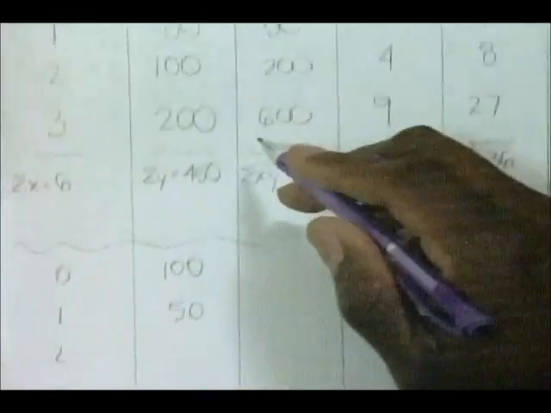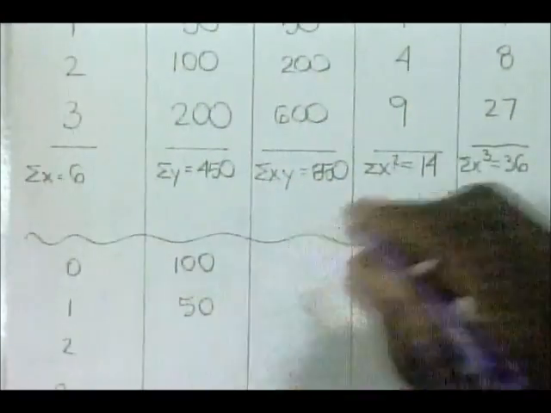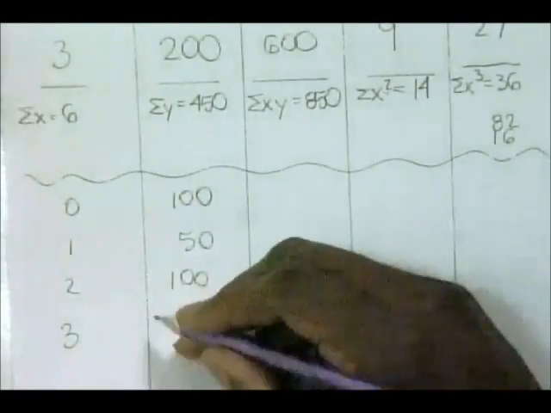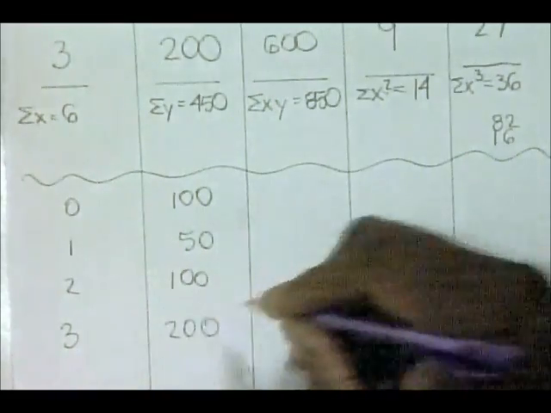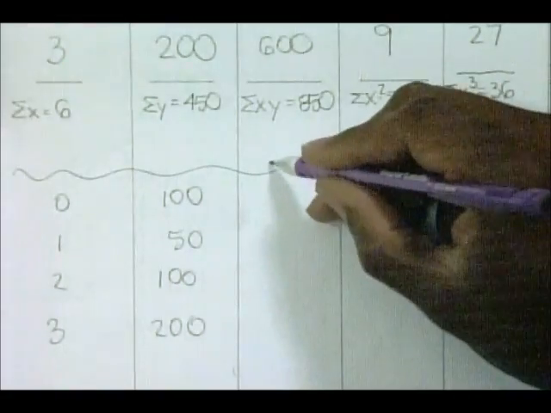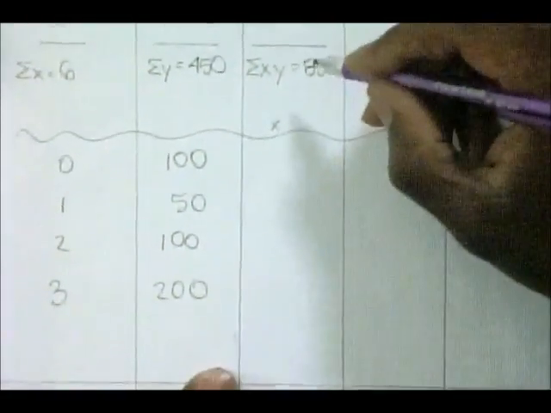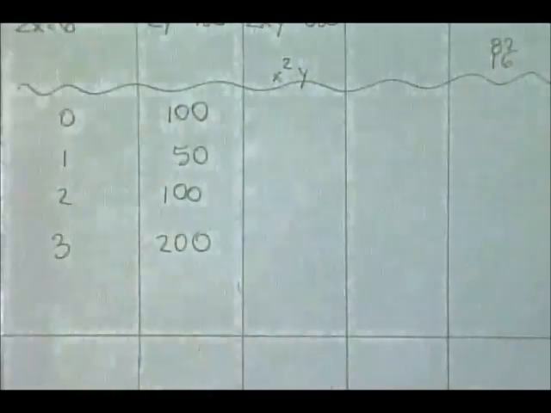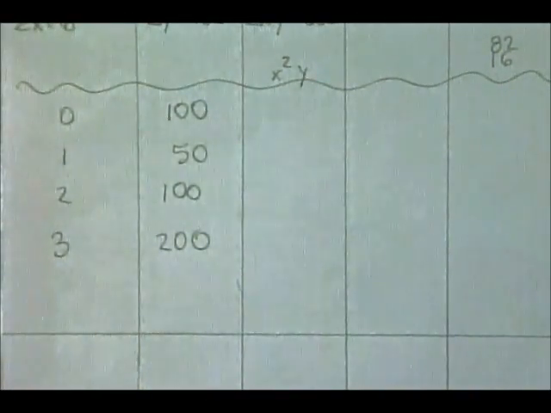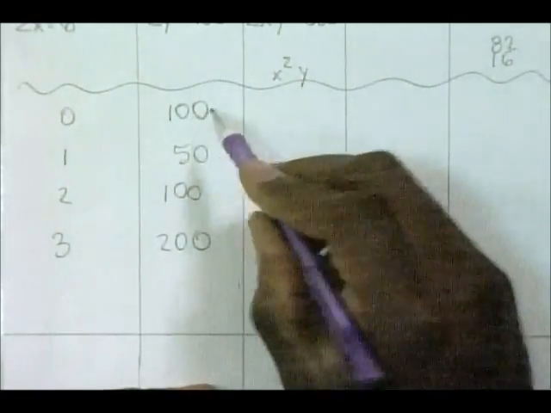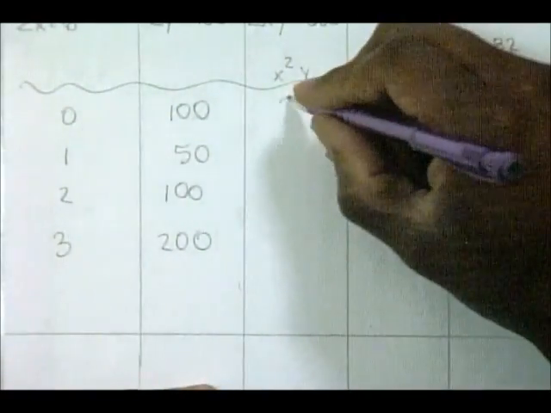I'm just rewriting the data that I have up here because I need a little bit more space. 2, 100, and 3, 200. All right, so now what we need is x squared y. All right, that's what we need. All right, so 0 squared is 0 times 100. That's just going to be 0.